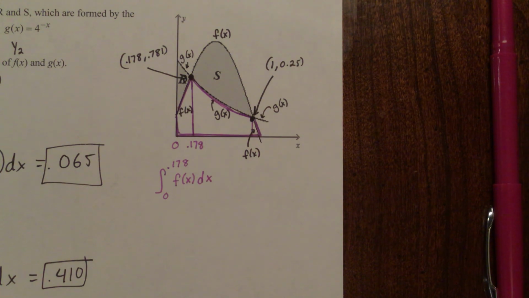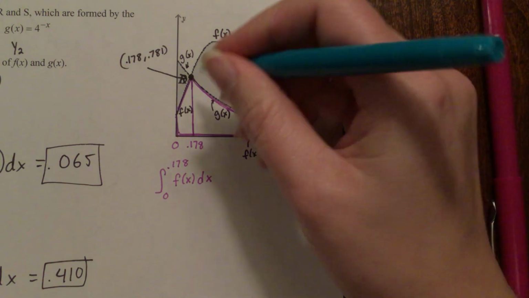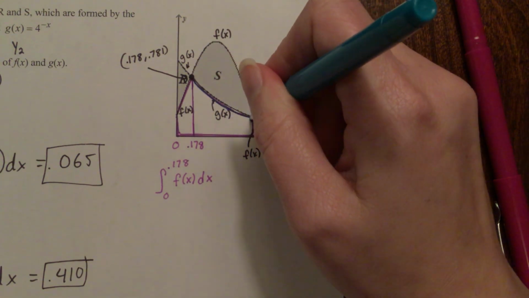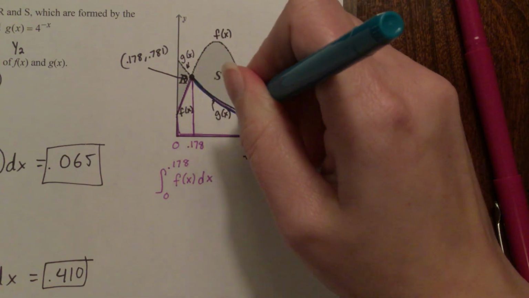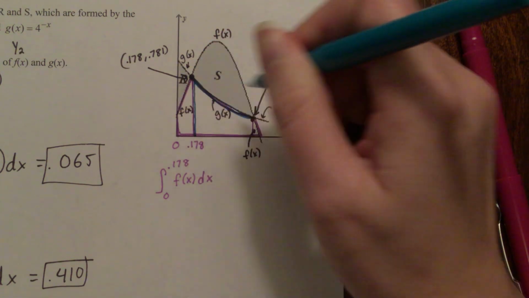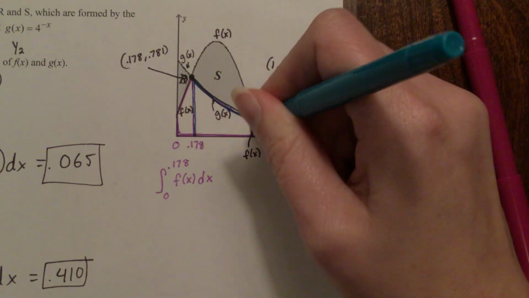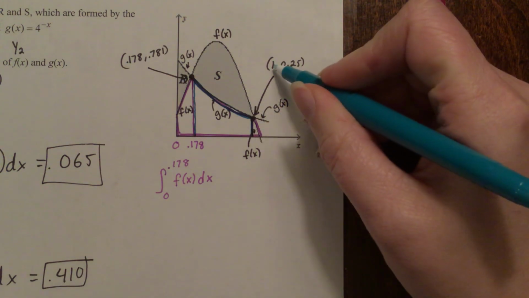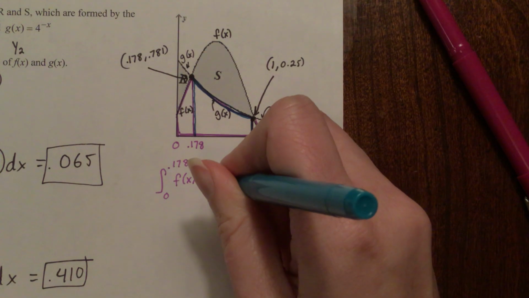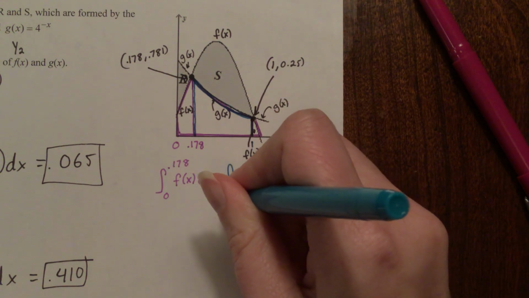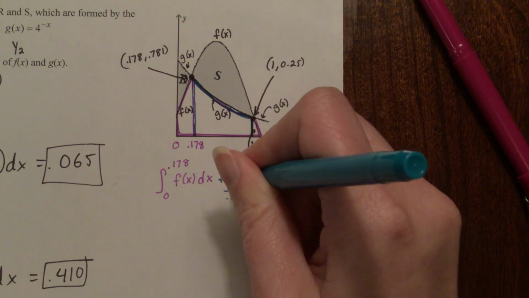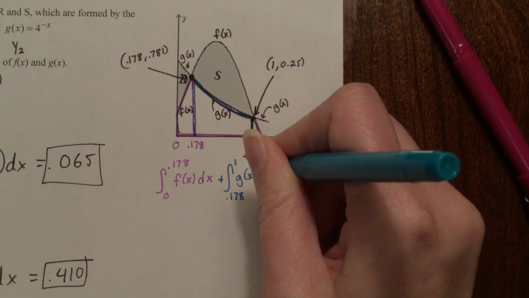Then we're going to add to that the integral where g of x is the top function, from 0.178 until we get to here, and that point is where x equals 1. So plus the integral from 0.178, where this one left off, to 1 of g of x dx.